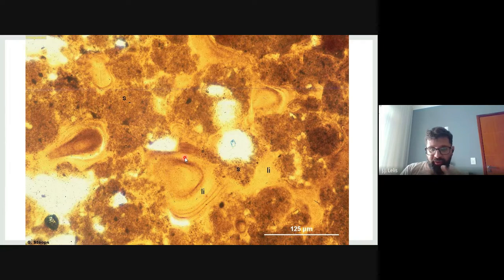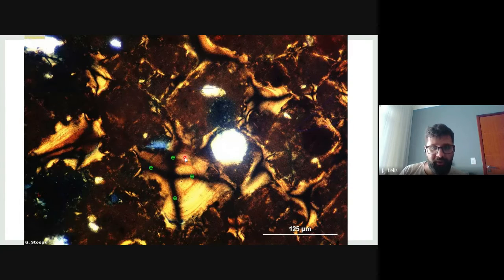We don't have any kind of uplifting or sinking movement, I'm sorry. We don't have any kind of tectonic movement that changes the position of the soil, but we have a climate change from wet to drier conditions. And how can I say that?